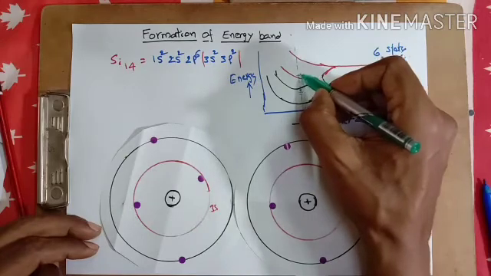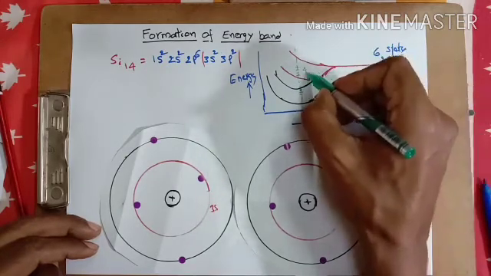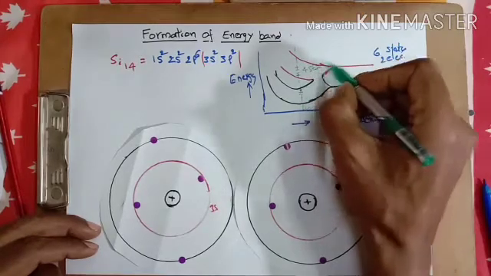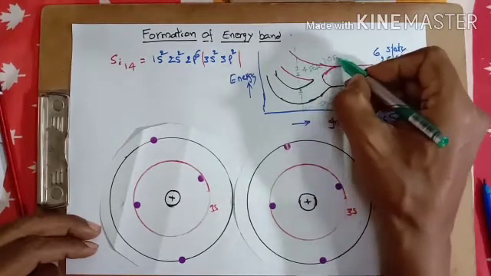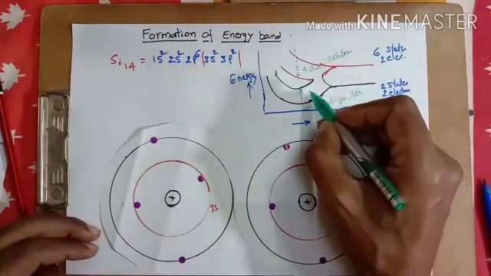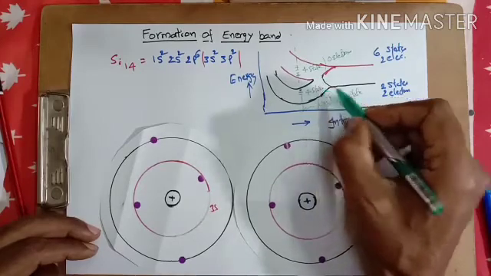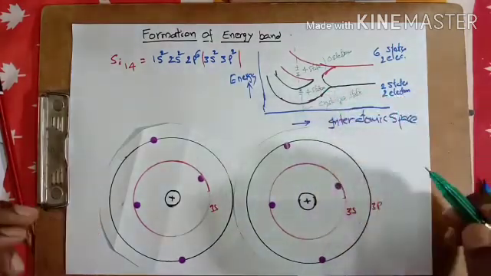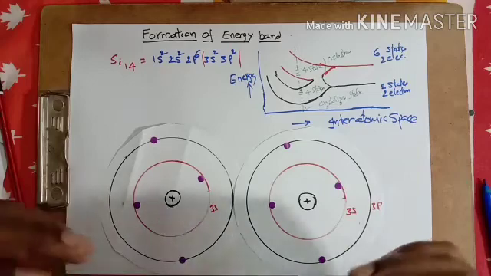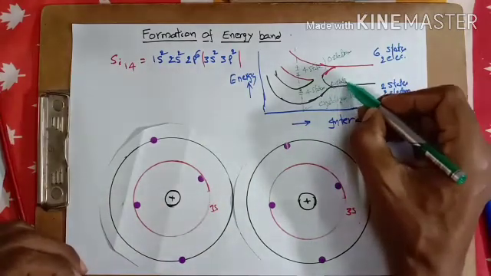And at the upper level, again there are allowed states but no electrons. There will be 4 states here and 0 electrons. And here 4 states, 4 allowed energy levels, and then 4 electrons.